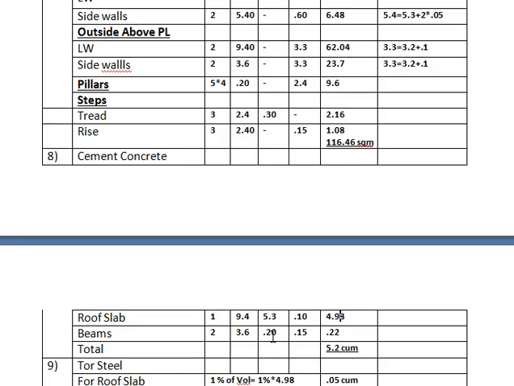The dimensions of the beam are 0.2 cross 0.15, which are given. Multiply them and you will get the quantity. Add both and you will get the total cement concrete for roof slab and beams.